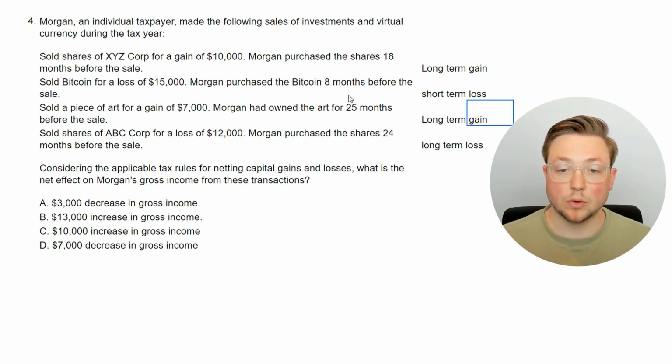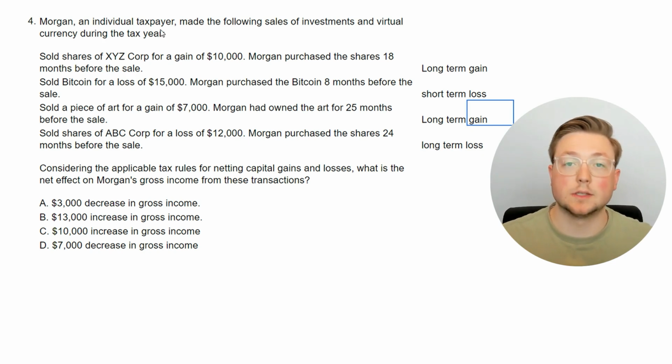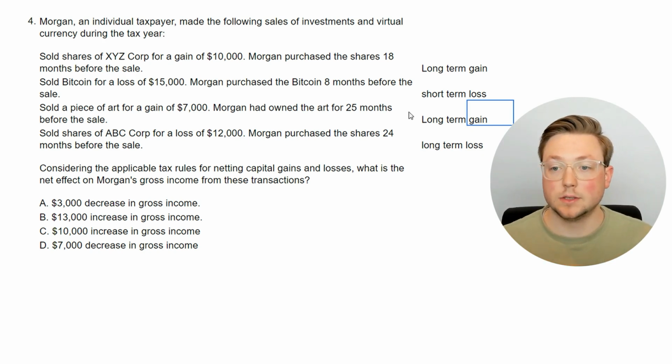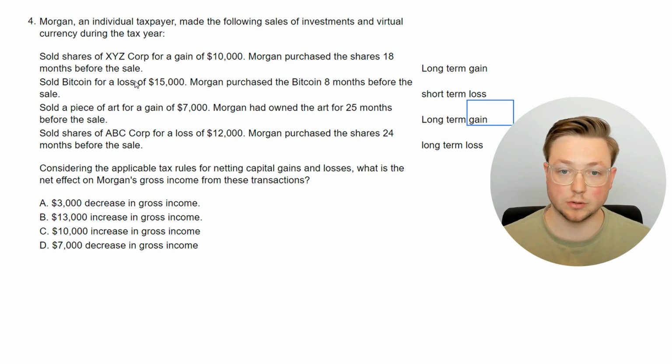Okay, so we know the rules at this point. We have to net the short-term gains and losses and the long-term gains and losses. So here we only have one short-term loss, so that's a short-term loss of $15,000. So we don't need to net that against any short-term gains. And then we have two long-term gains and a long-term loss. So $10,000 from this gain plus $7,000 from this gain less $12,000 from this loss. So together, $17,000 less $12,000, that's a $5,000 gain net.